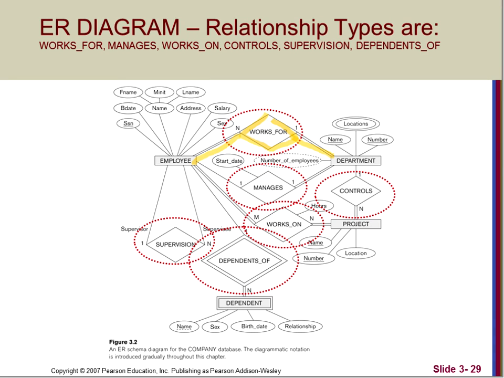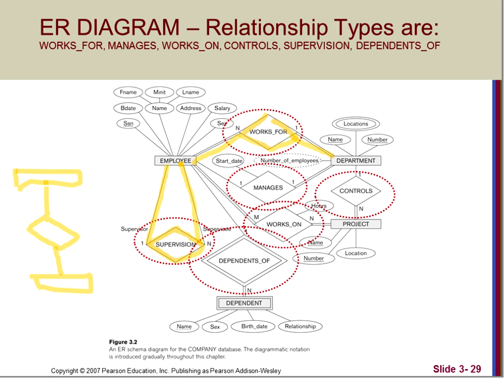However, you can see that supervision is a little bit different from the others. Because supervision is who is the supervisor? The supervisor is also an employee. So one employee is supervising many employees. So this is kind of a recursive relationship. So we can actually represent such a relationship as this one.